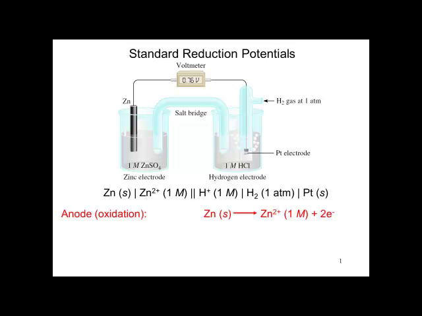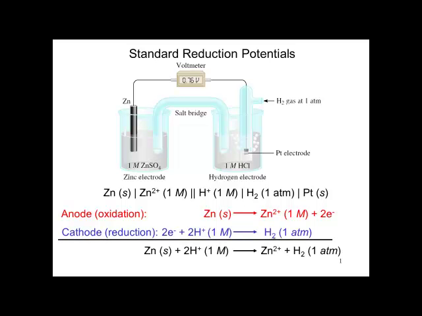The oxidation at the anode is zinc goes to zinc 2+ plus 2 electrons. The cathode, the reduction, the H+ picks up 2 electrons to form hydrogen. The overall reaction is zinc plus 2H+ yields zinc 2+ plus H2.